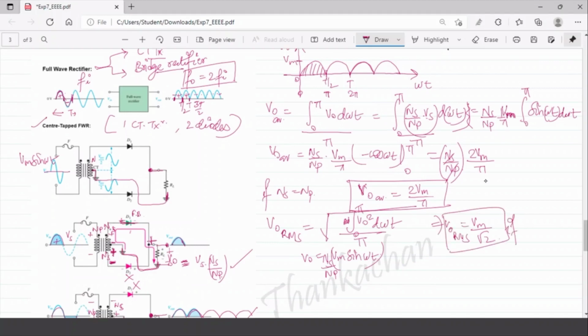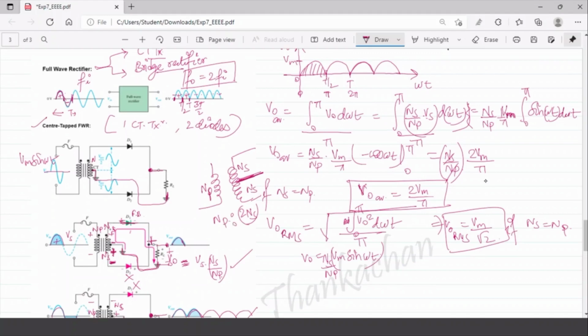Here, since Ns and Np are also coming, Ns is equal to Np. If we are taking the same number of turns on the secondary as well as primary, when I say secondary and primary, you should understand that this is Ns and Np, and the secondary is having a center tap. Between these 2 points it is Ns, and these 2 points is also Ns. So basically the total number of turns on the secondary is 2 Ns, and this is Np.